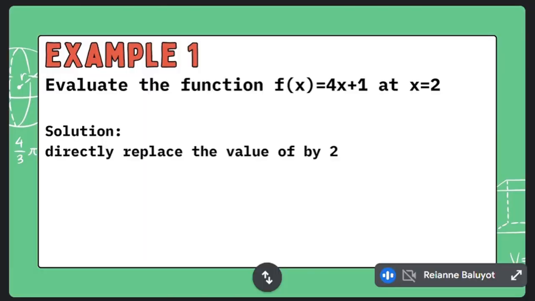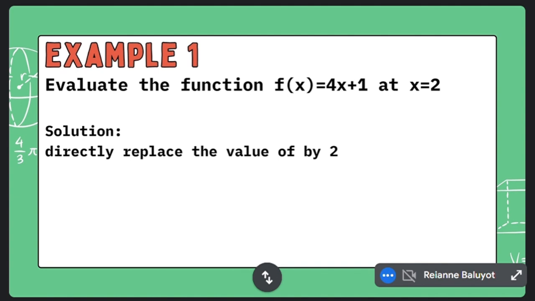So let's have an example. Evaluate the function f of x is equal to 4x plus 1 at x equals 2. How will we do this?